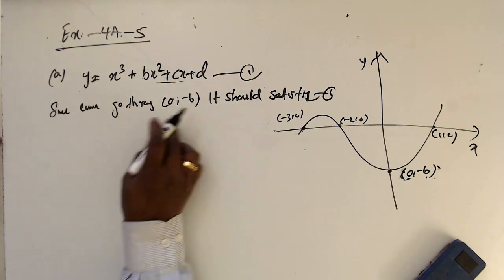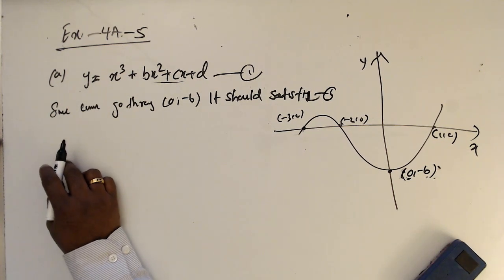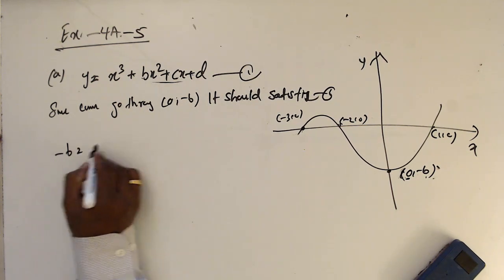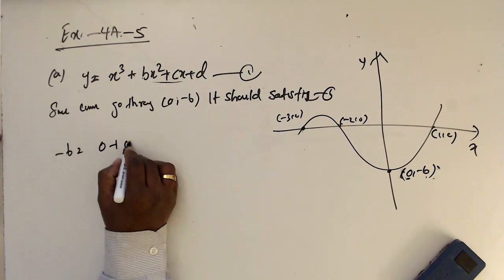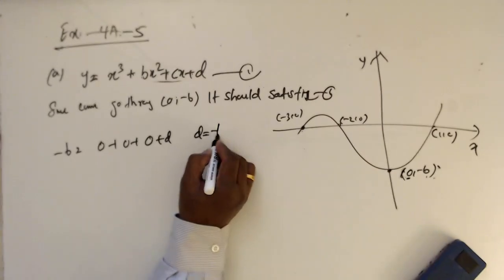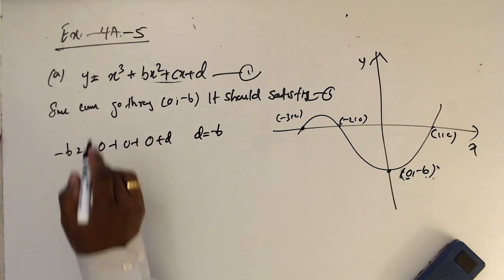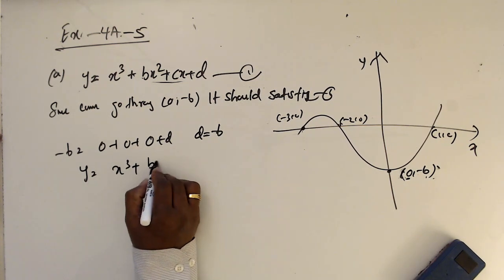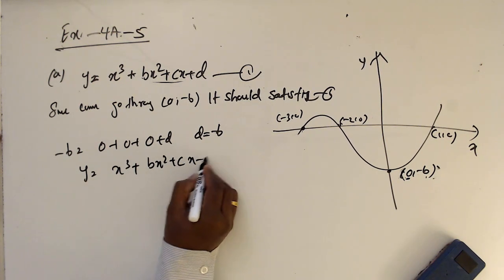So I substitute 0 and minus 6. y is minus 6, 0 plus 0 plus 0 plus d. Now d equals minus 6. Now you have this equation, y equals x cubed plus bx squared plus cx minus 6.